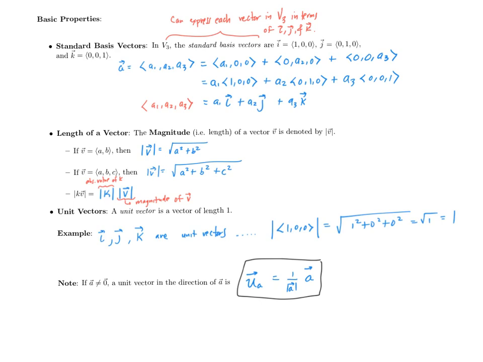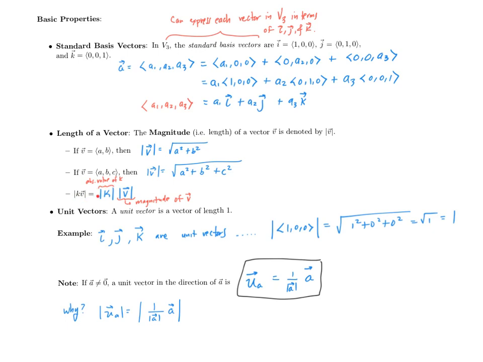We preserve the direction. And just to give a small note here, you might say, well, why is that a unit vector? Let's just double check. If we find the magnitude of u sub A, we want the magnitude of a constant times a vector. And if we look up just a little bit here, it's really this third property above.